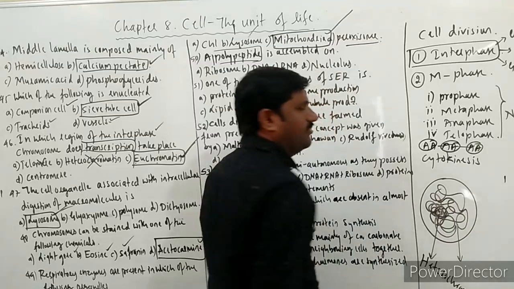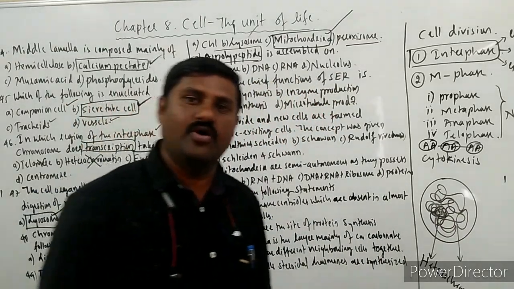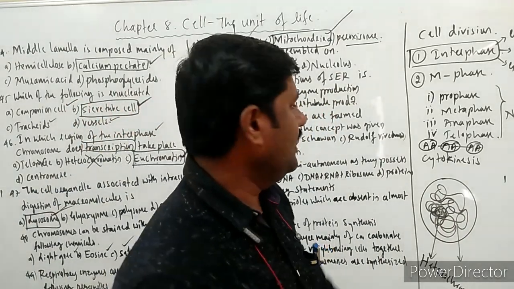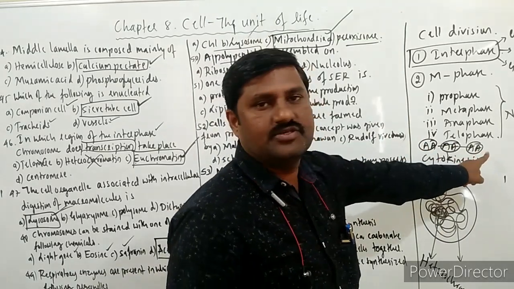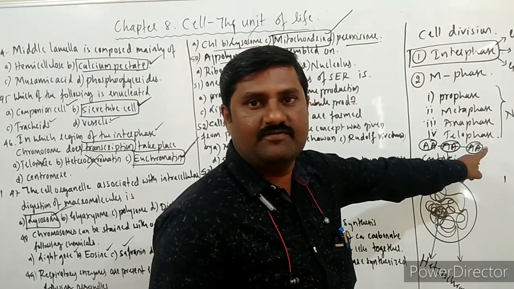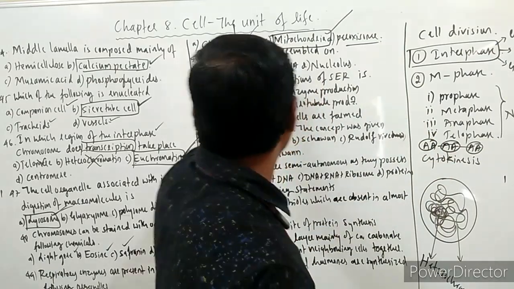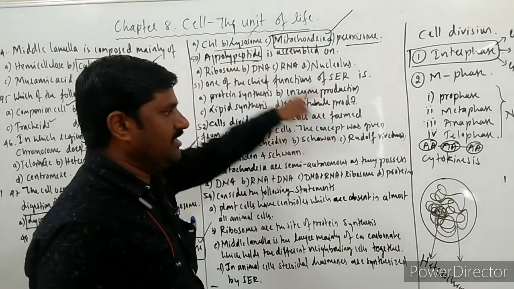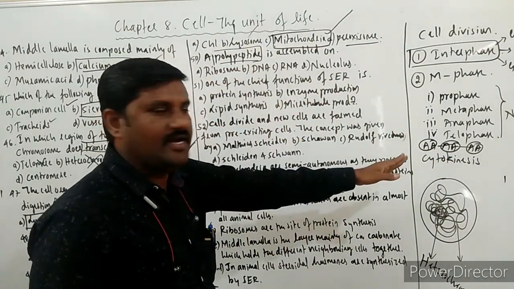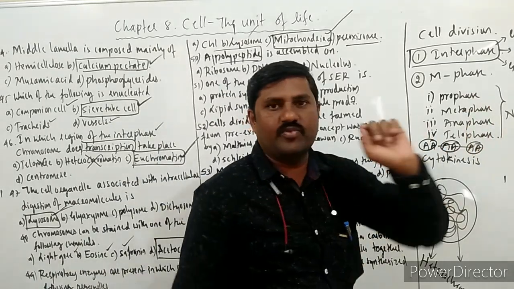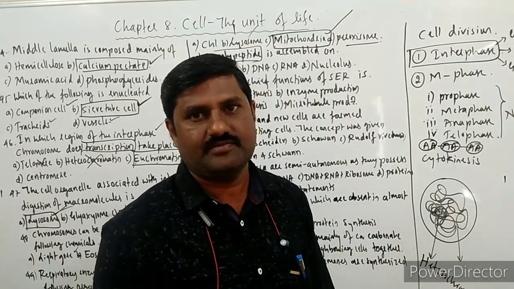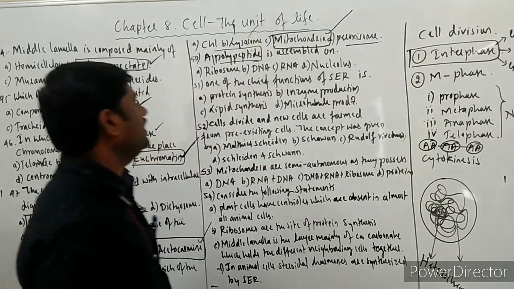All these amino acids are bonded with the help of a bond called the peptide bond, and this peptide bond makes a chain of peptides, that is nothing but a polypeptide chain, and it is going to form one protein molecule.